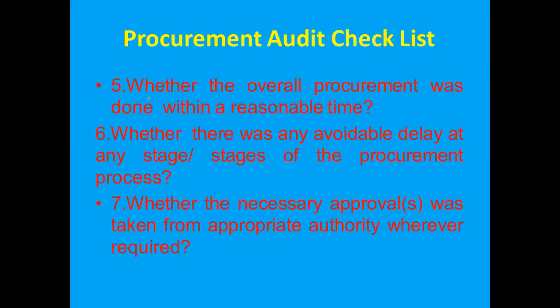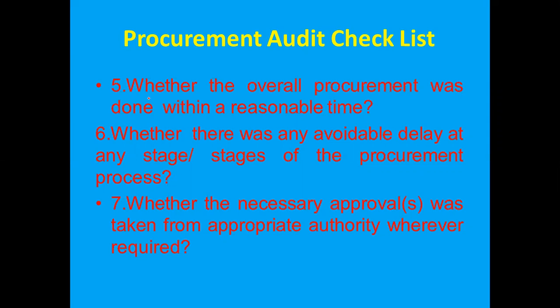Next point, whether there was any avoidable delay at any stage or stages of the procurement process, whether there was any avoidable delay or not. So avoidable delay means the tasks we ignore, not so important, that can be avoided, so we avoid them and focus on this procurement process.